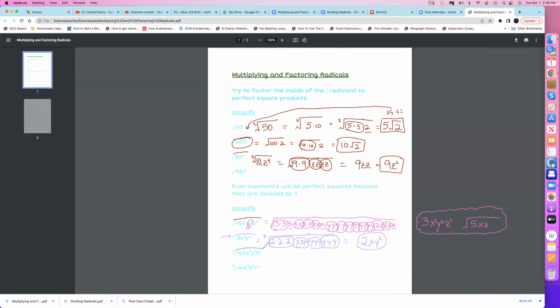Fourth root of 162, x to the 5th, y cubed, z to the 8th. I'm going to break down 162 to all the prime components, which is 81 times 2. Instead of 81, I can write 9 times 9.